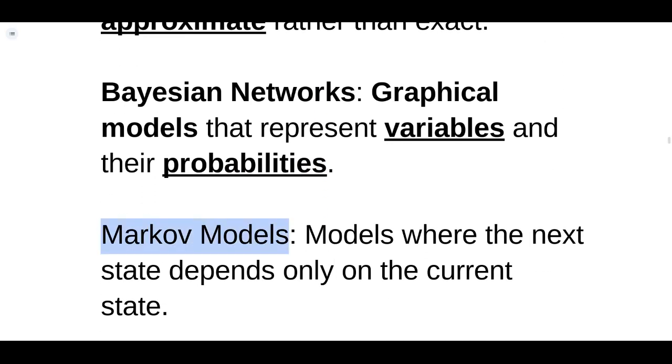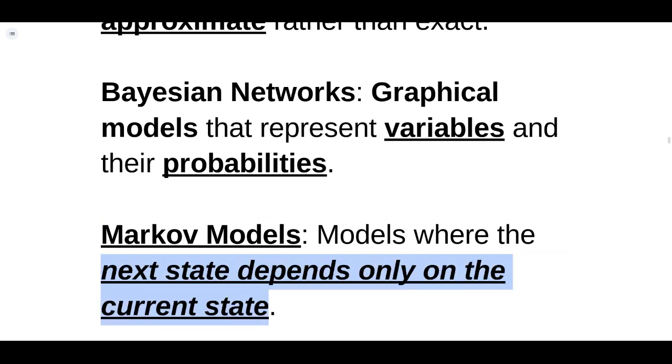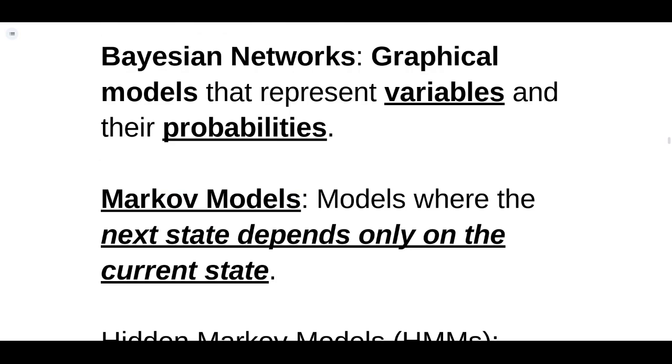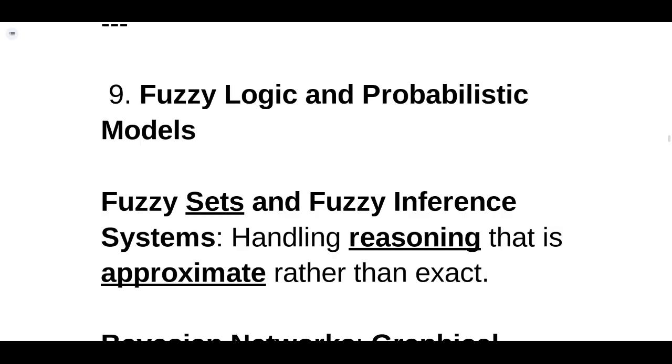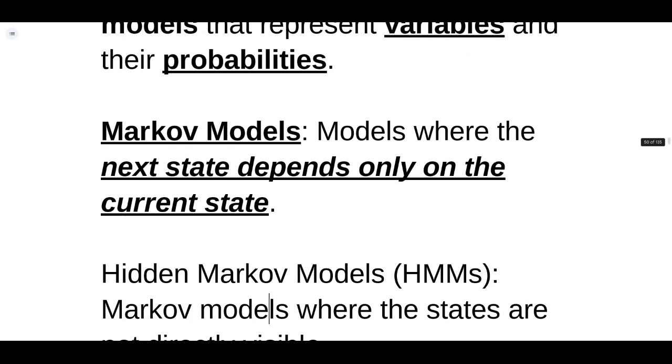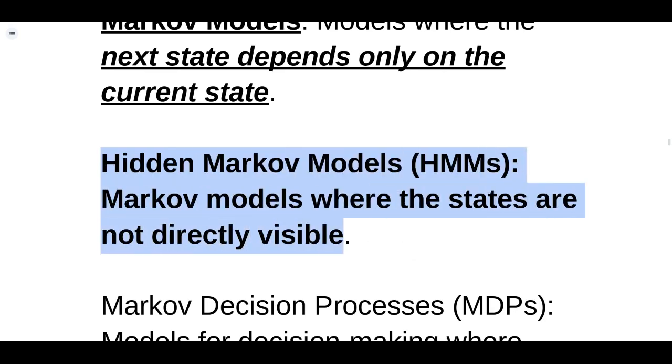Then we have Markov models, which are models where the next state depends only on the current state. Then hidden Markov models where the states are not directly visible.